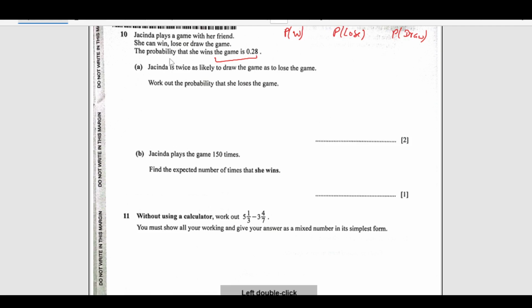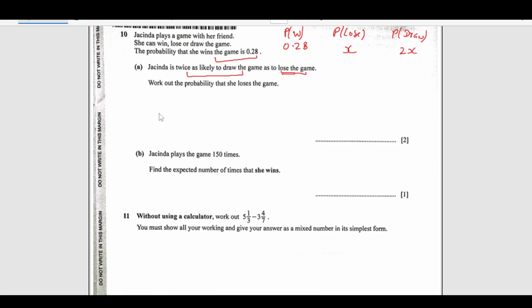So the probability that she wins the game is 0.28. Now next one, Jacinda is twice as likely to draw the game as to lose the game. So if the probability of losing the game is x, then drawing is 2x, that is twice of that.